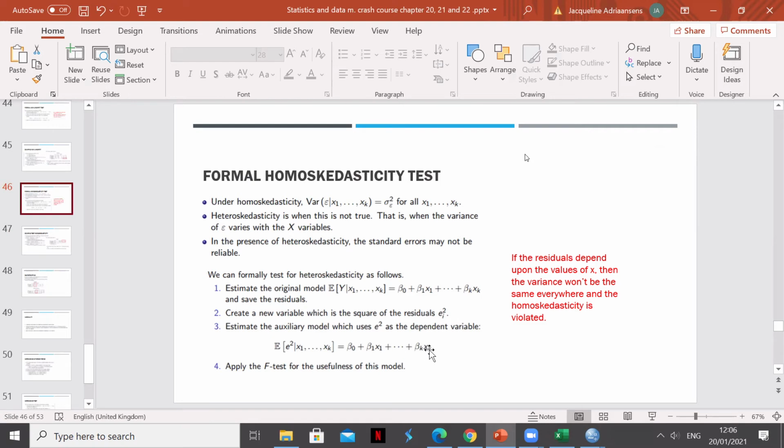And if it doesn't depend on the X's, then we conclude that there is homoscedasticity, so that the e squared doesn't depend upon X, so its variance is equal everywhere, or at least that is what the test says. So there is not heteroscedasticity, there is homoscedasticity. So the standard errors should be reliable.